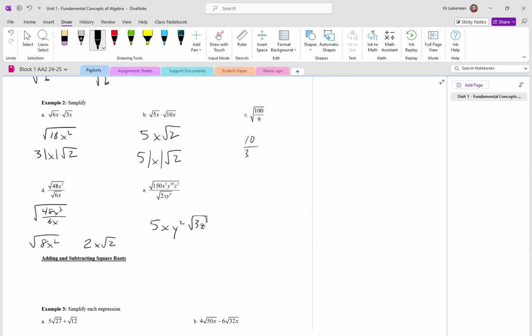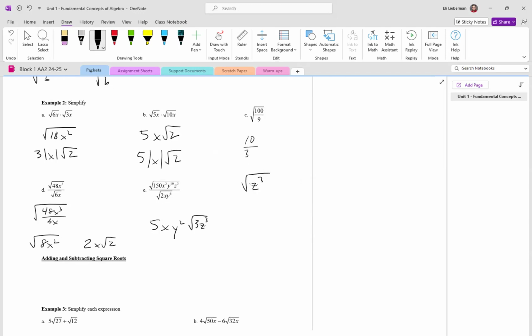Where did the y squared come from? So you simplified this, you got the square root of y to the fourth, right? And then that's y squared. Are we good with that? Yeah, so then what do we do now with that square root of z cubed?